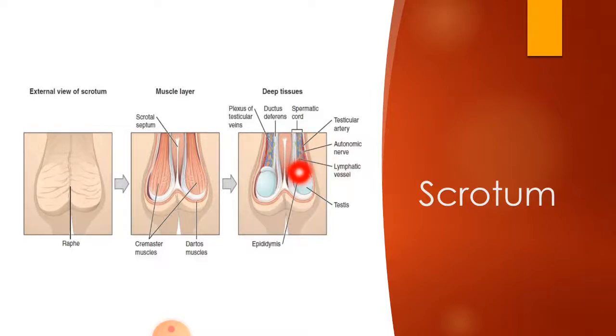This is the testicular end of the spermatic cord, the testis, and the epididymis that is shown here. This is the epididymis, the testis, and the testicular end of the spermatic cord. So these are the structures that you can find in the scrotum.